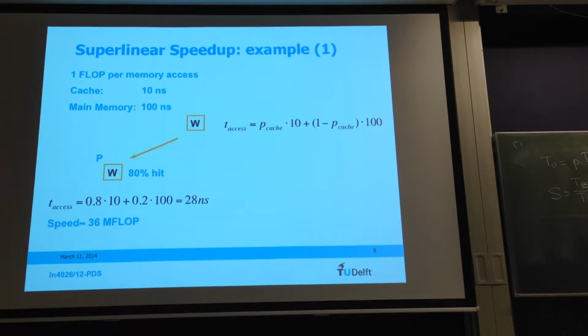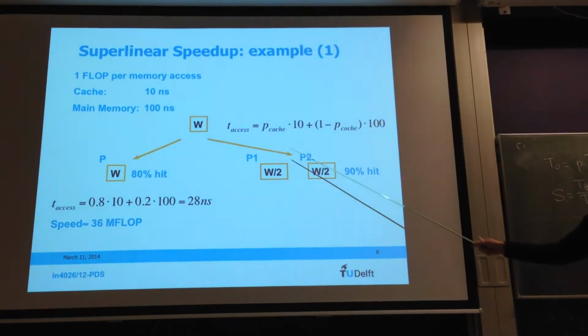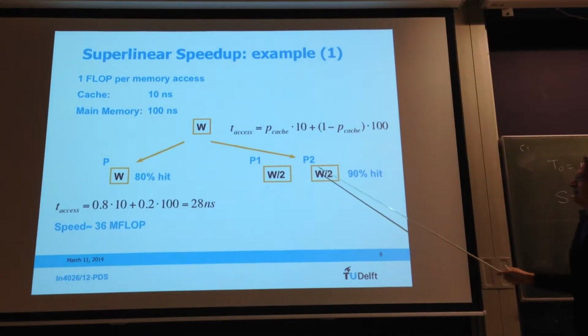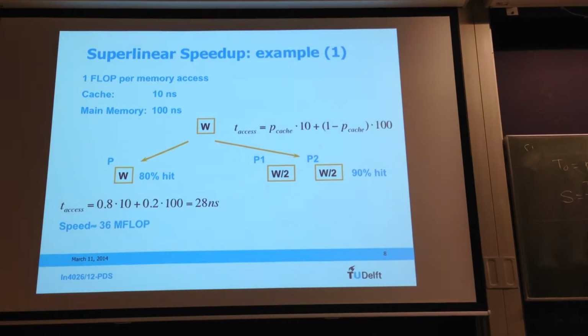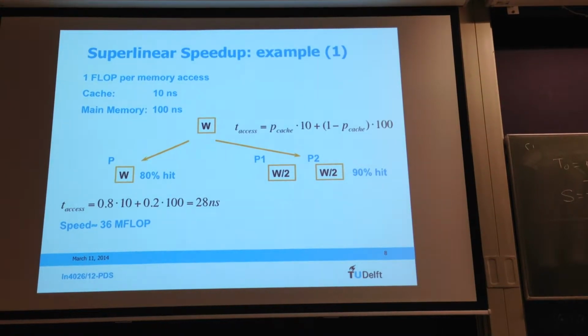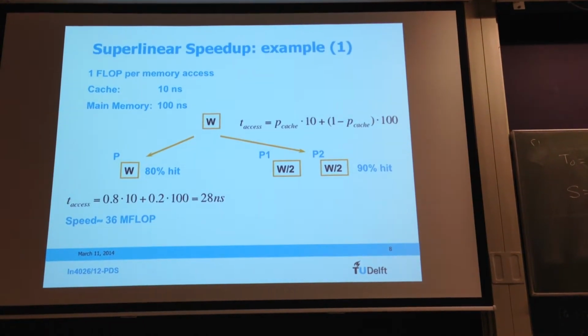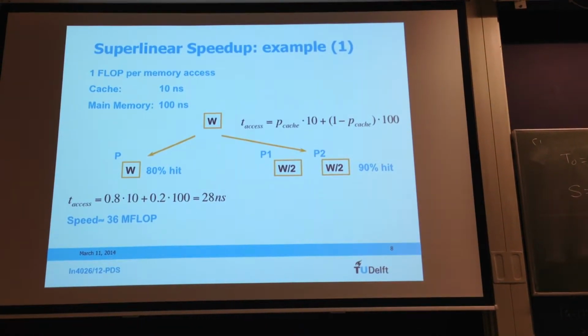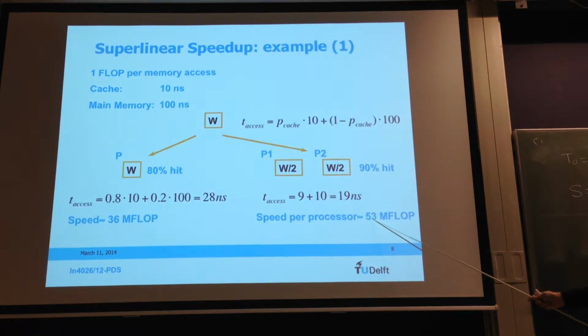Now, what is going to happen if we split the workload to two processors, right? Each processor gets half of the workload, and then because we have more memory, it's highly likely that the hit ratio is increased. So say that it's 90%. Then the access time is 19 nanoseconds, and then the speed per processor increases to 53 megaflops.